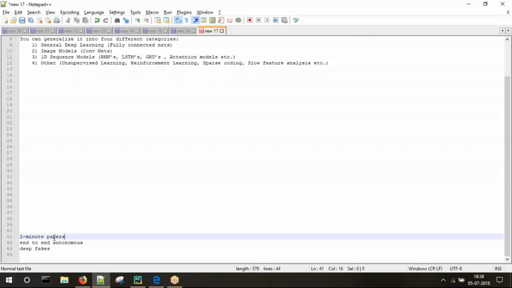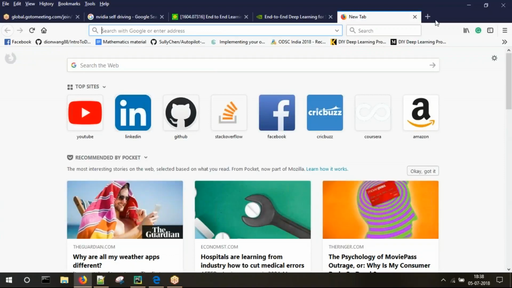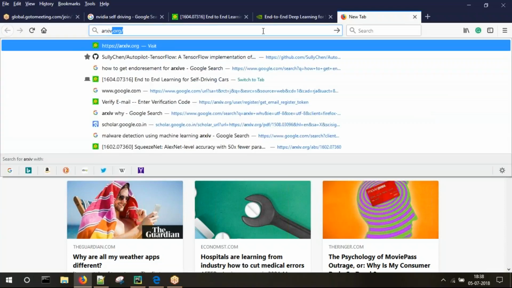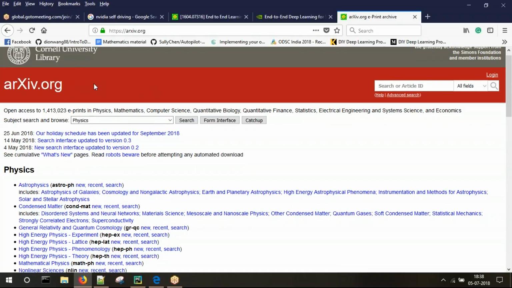Also, one other important aspect of that is you need to study a lot of research papers. It is very important to get a lot of research papers. So this is the repository that I refer to, my knowledge repository, arXiv.